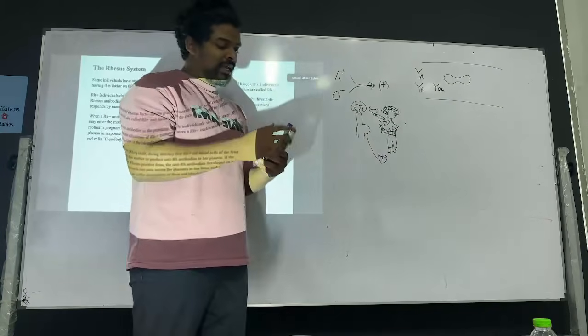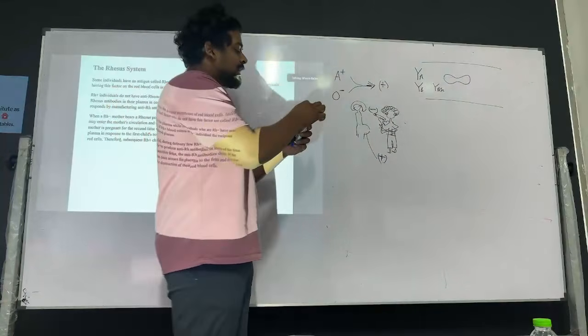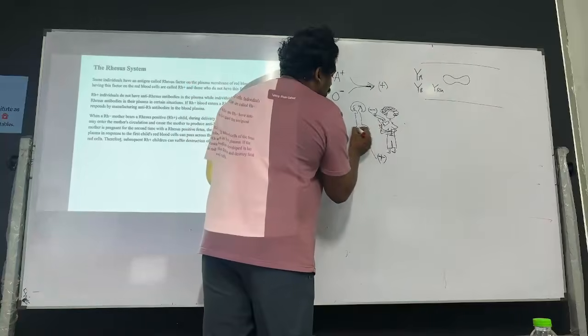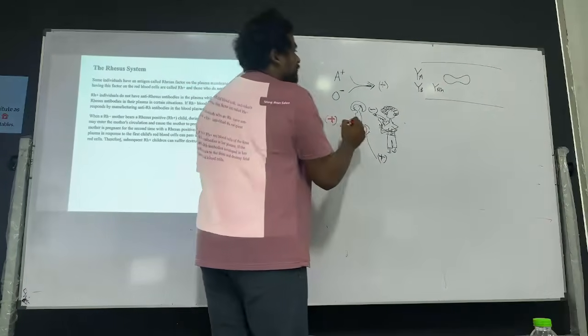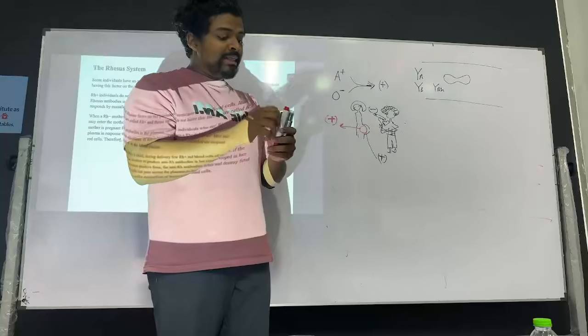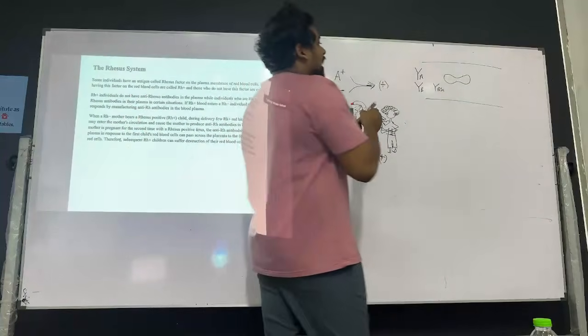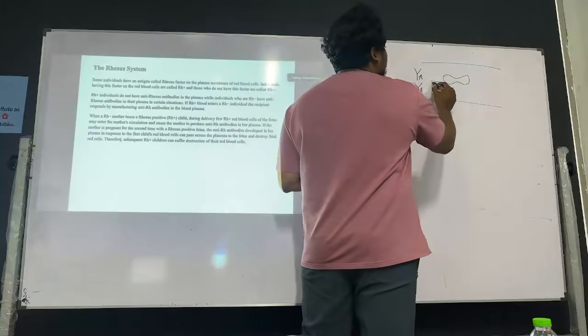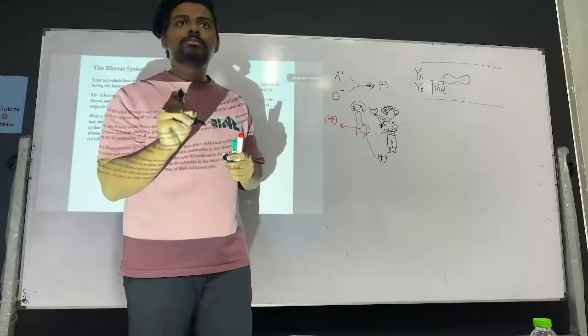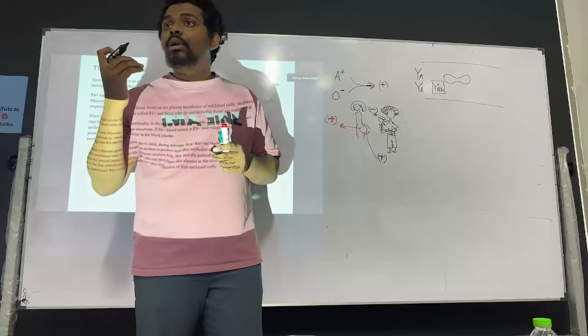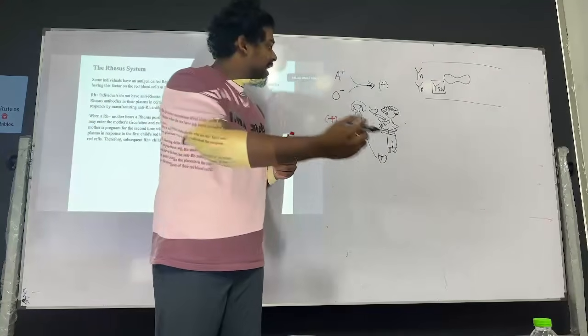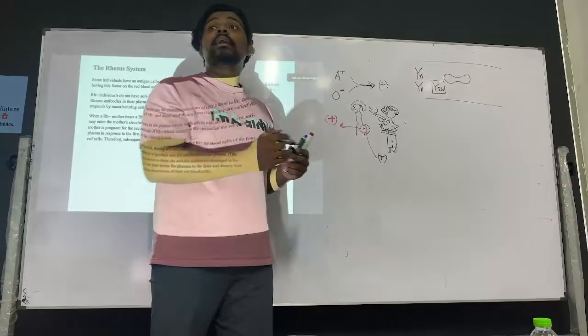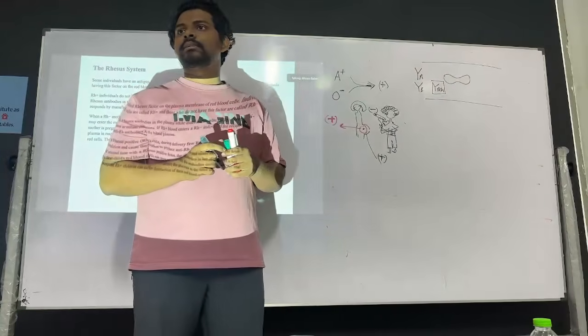What if the second child is also positive blood group? This RH antibody that is found in the mother's plasma is capable of crossing the placenta and attacking the red blood cells in this fetus.